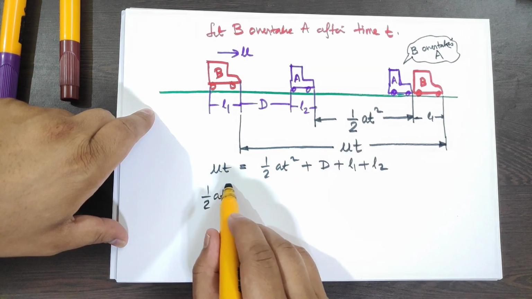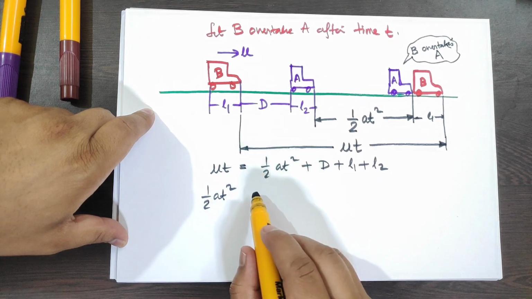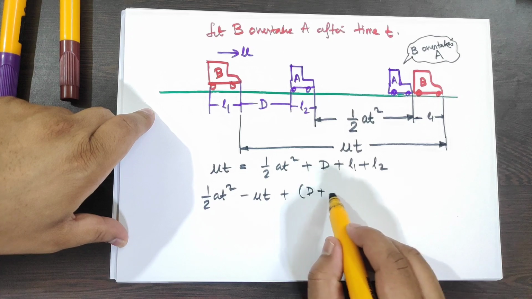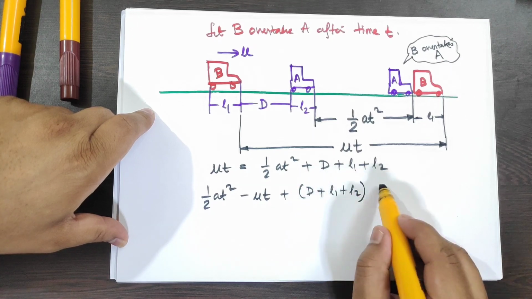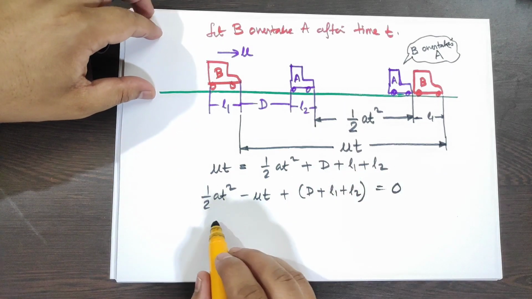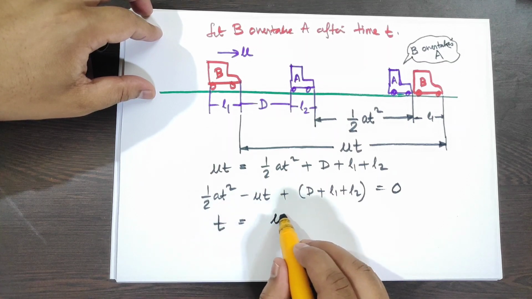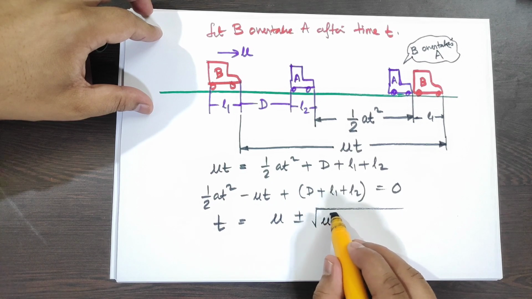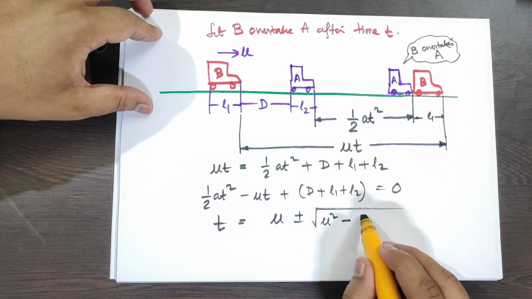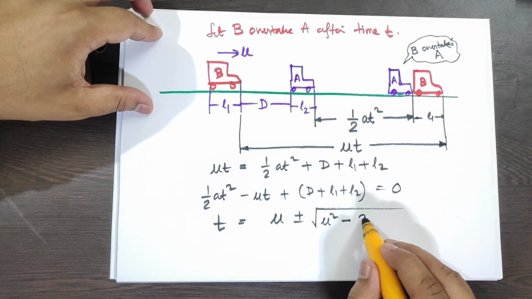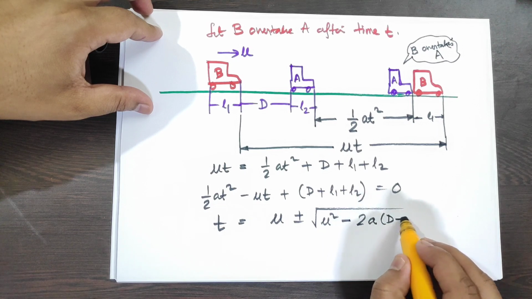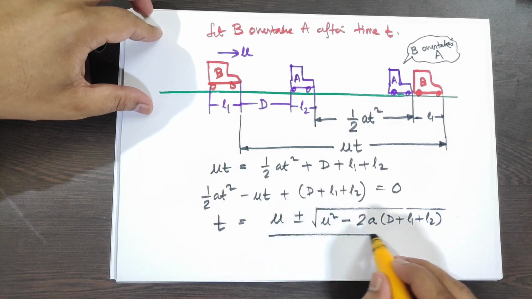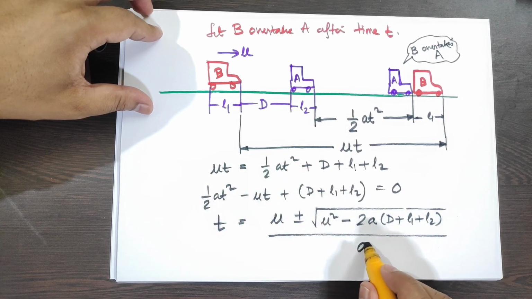So half a t square minus ut plus this whole thing d plus L1 plus L2 is equal to 0. So you get time is minus b plus minus root over of b square minus 4, that means 2a into d plus L1 plus L2, divided by a.